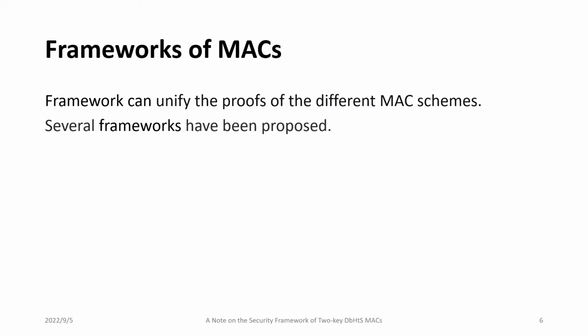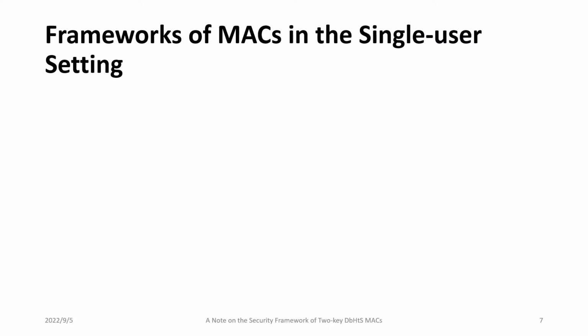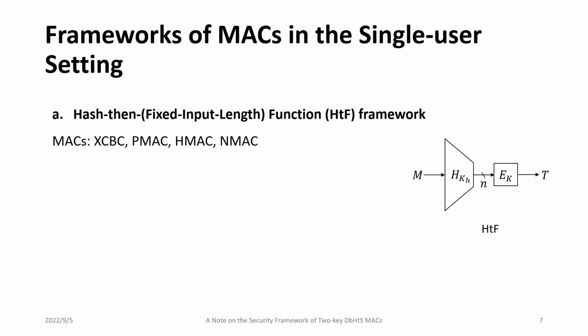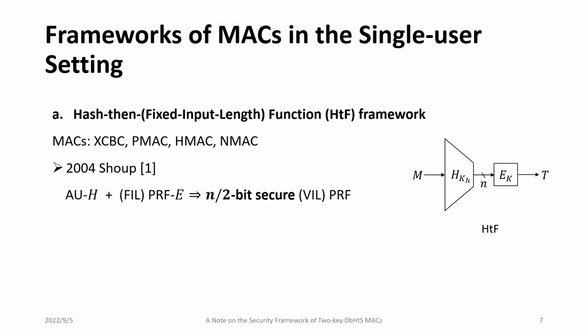Framework can unify the proofs of the different MAC schemes. Several frameworks have been proposed. Simple MAC schemes, including ICICS, PMAC, HMAC, and NMAC, follow the hash-then-fixed input length function framework. For short, we call it HTF. See the picture. H is an almost universal hash function, and E is a fixed input length PRF, often instantiated as a block cipher.